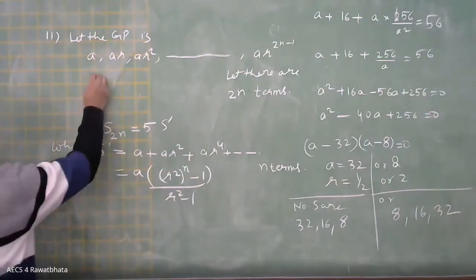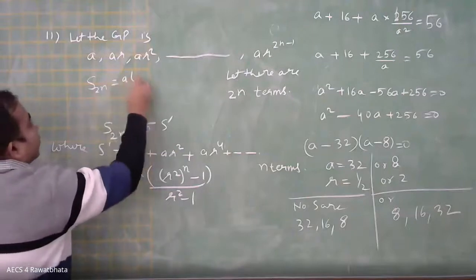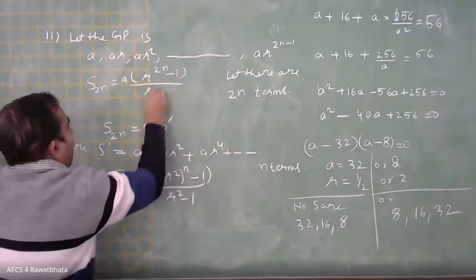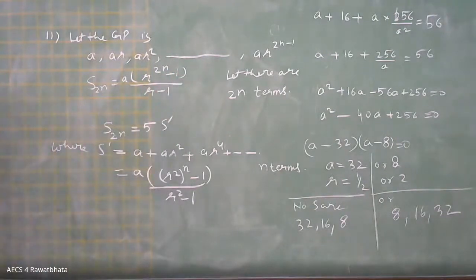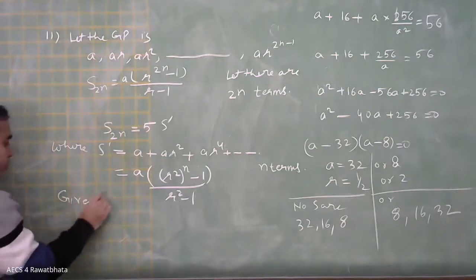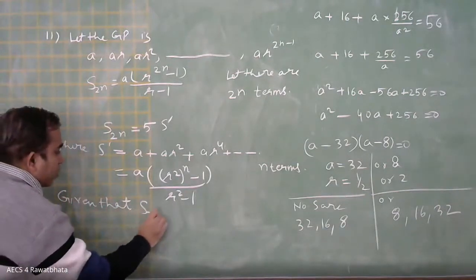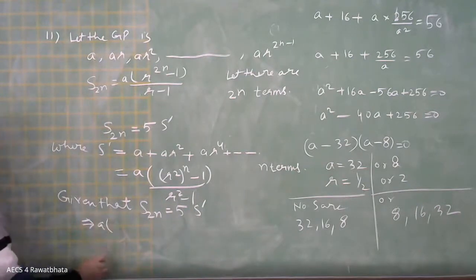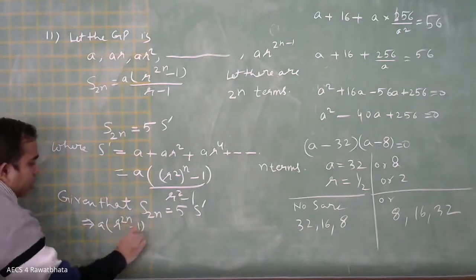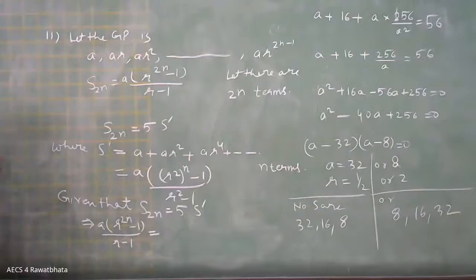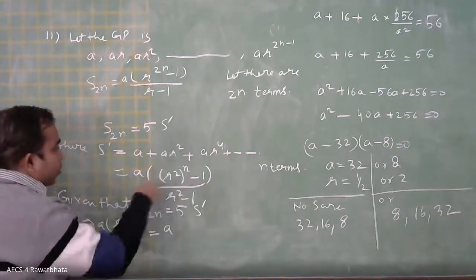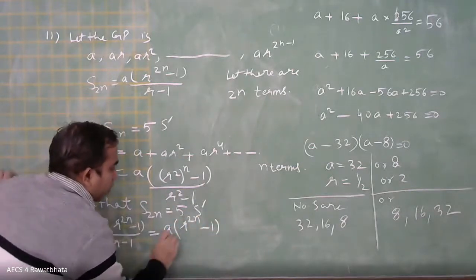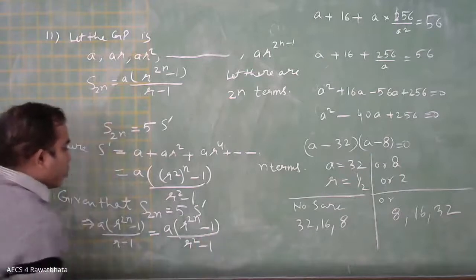Here S of 2n will be A, first term is A, common ratio is R, number of terms are 2n. Now, given that S2n is equal to 5 times S dash, means that A times R to power 2n minus 1 upon R minus 1 is equal to A S dash, R to power 2n minus 1 upon R square minus 1.